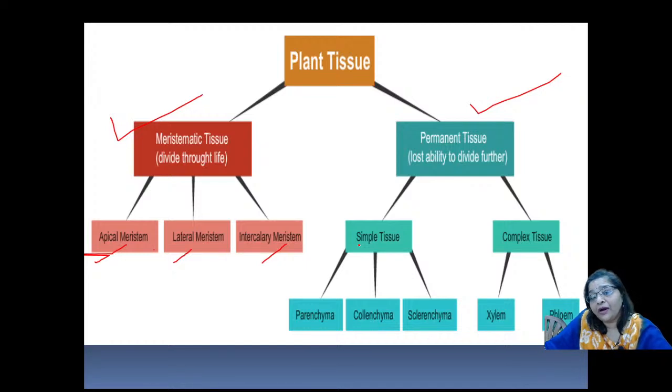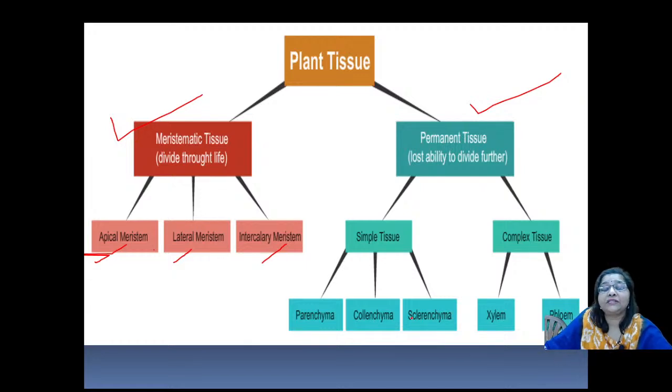Whereas collenchyma are slightly differentiated from parenchyma or from the meristematic tissues, wherein they start depositing cell wall material at the corners of the plant cells. Okay, so they have thickened corners in between the cells. That is where they become more strong. They give strength to the whole plant and also give mechanical support to the plant. Whereas the sclerenchyma tissues are dead tissues, okay?